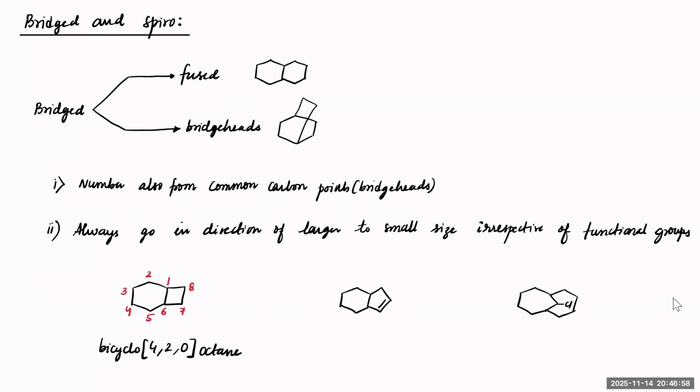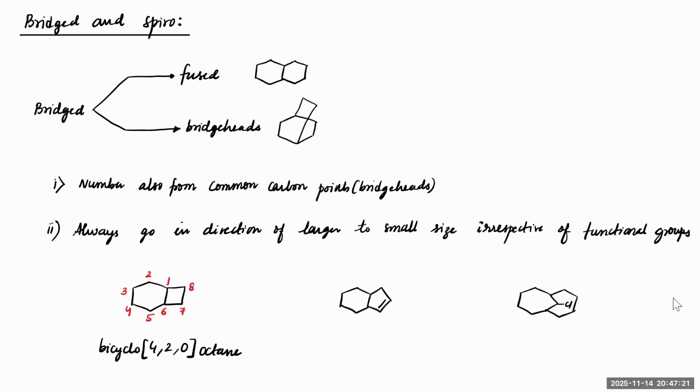Next, let's see how we write the IUPAC naming for compounds known as bridged forms and spiro functional groups. Whenever we use the word bridged, we have mainly two types of bridges. One is fused, the other one is bridgehead.